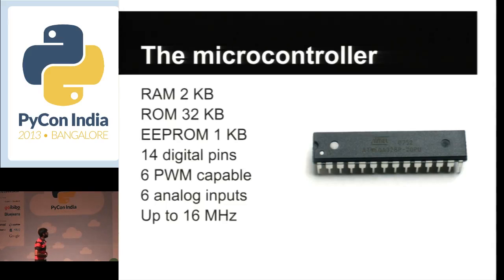It has 32 KB of ROM and 1 KB of EEPROM. As mentioned earlier, 14 digital pins and 6 pins that are capable of PWM, or pulse width modulation. You also have 6 analog inputs, and it can go up to 20 megahertz, but on the Arduino it is being used at 16 megahertz.